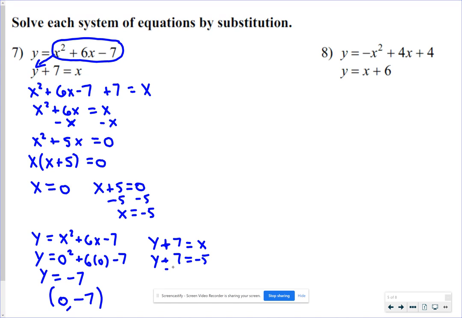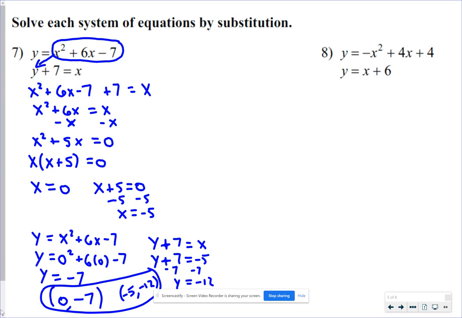Subtract 7 from both sides. We're going to get that y equals negative 12, right? So the other solution to this system of equations is negative 5, negative 12. And I think I'll write it right over here because that's where I have space. Negative 5, negative 12. And we have that one solved.